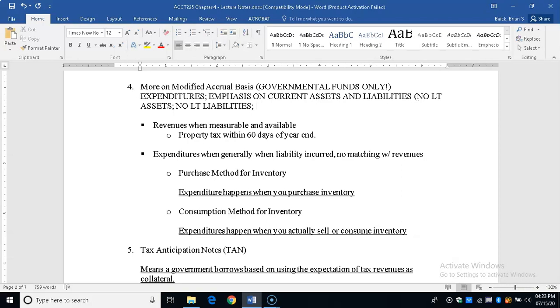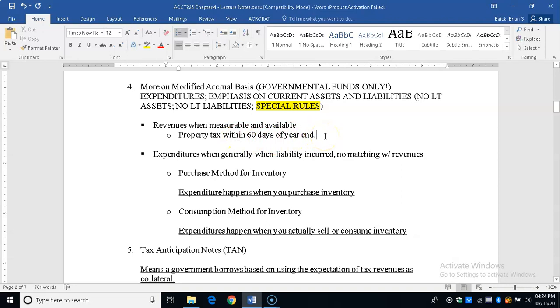And finally, modified accrual means that we have additional special rules. Okay, so it's a little bit different. So let's talk about some of these special rules. If we use modified accrual basis of accounting, this is for governmental funds, what are some special rules that we have to follow? Well, one rule is that property tax revenue is revenue under modified accrual basis of accounting if you can collect the money within 60 days of the end of the year.